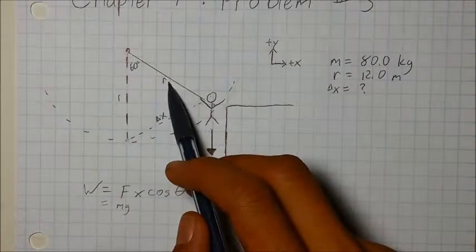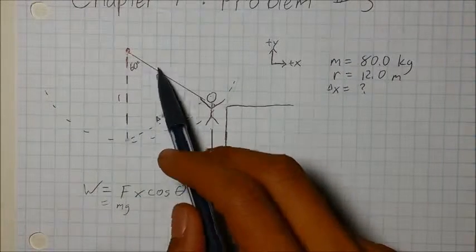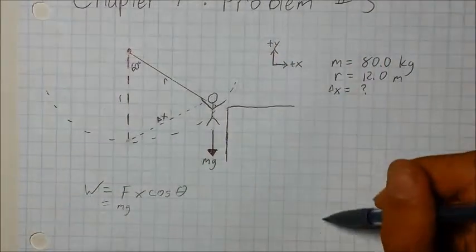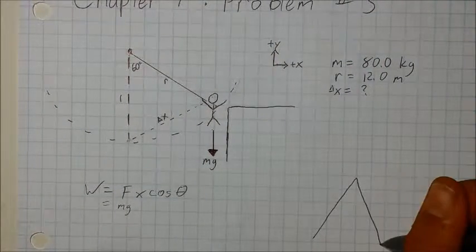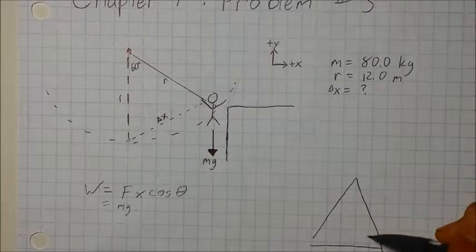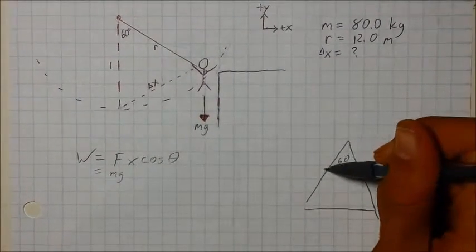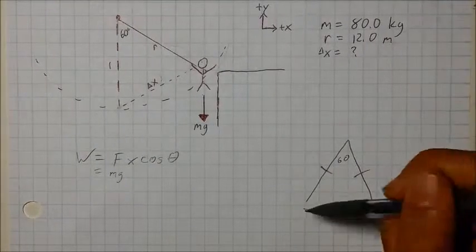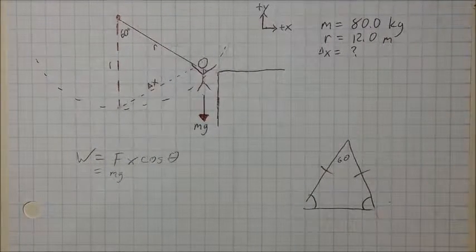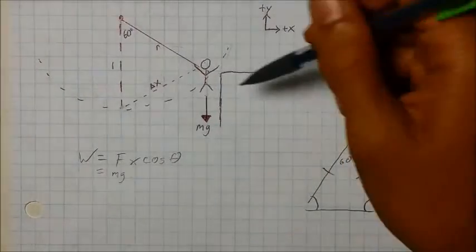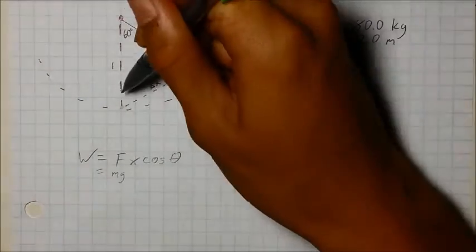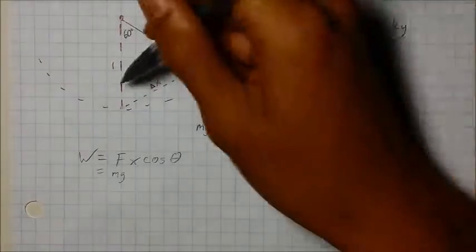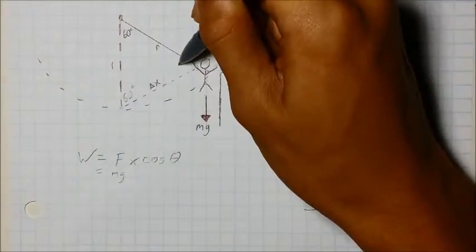We can see that since these two sides of the triangle are the same length, this must be an isosceles triangle, where this is 60 degrees. That means these two angles must be the same, so this is 60 degrees and this is 60 degrees, which I'll label in right now.